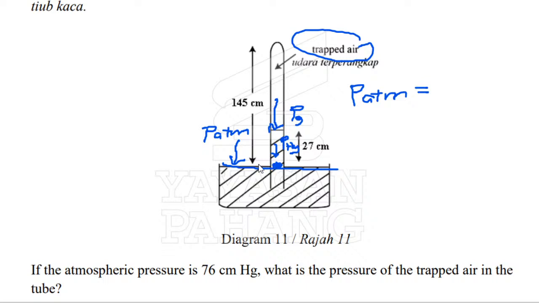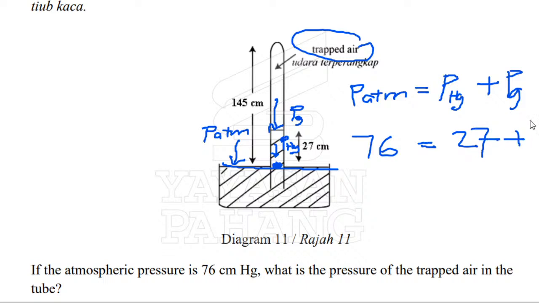So it means that the atmospheric pressure, which is the same as this point, will be equal to P mercury, that is the 27, plus P gas, the trapped air. Alright, so P atm given is 76 centimeter mercury, PHG is 27, plus P gas.